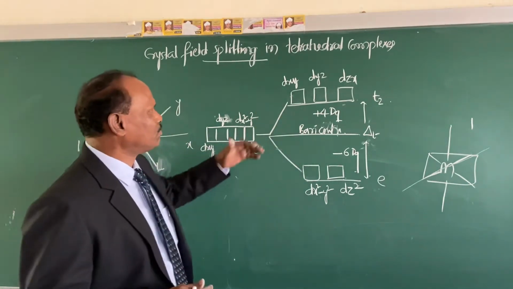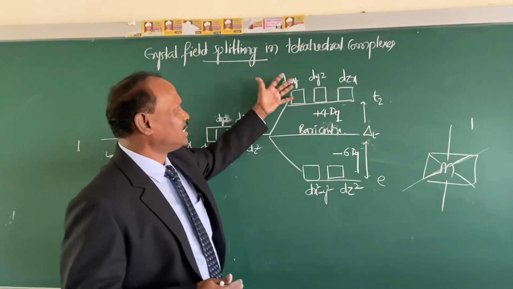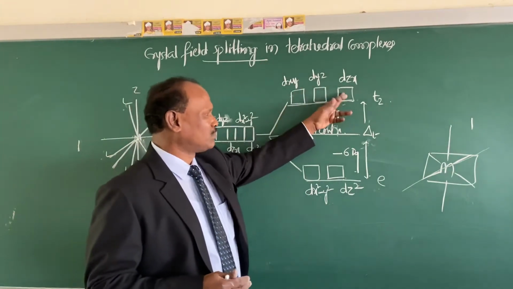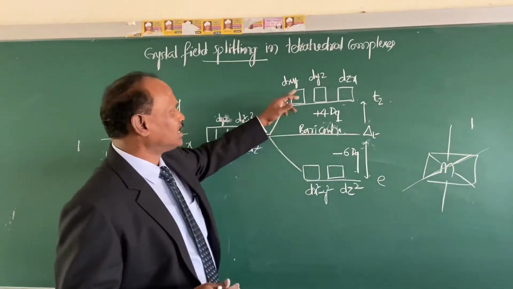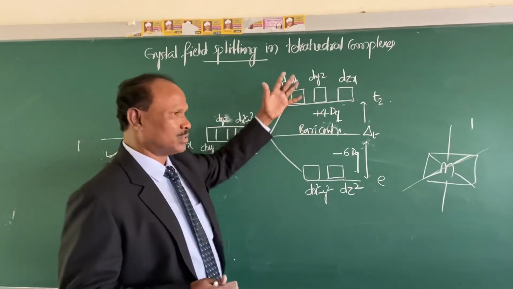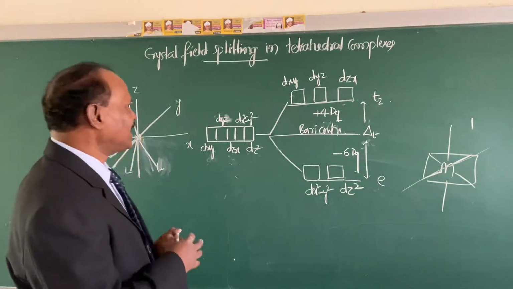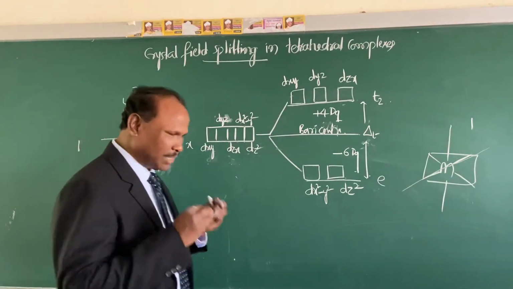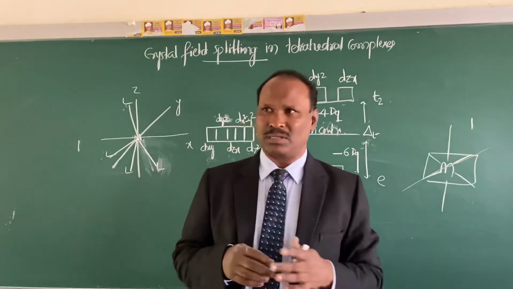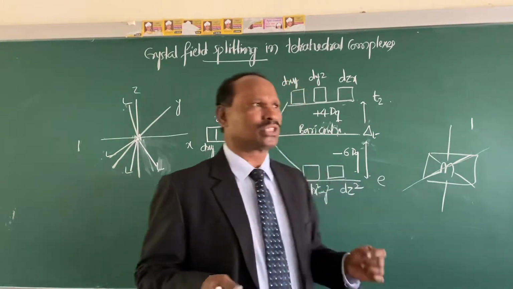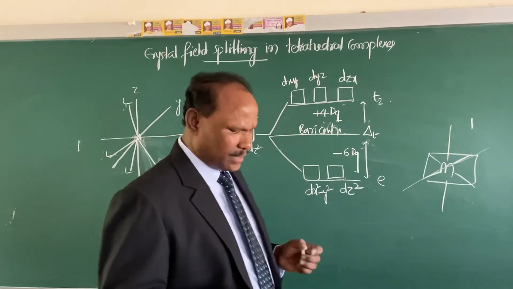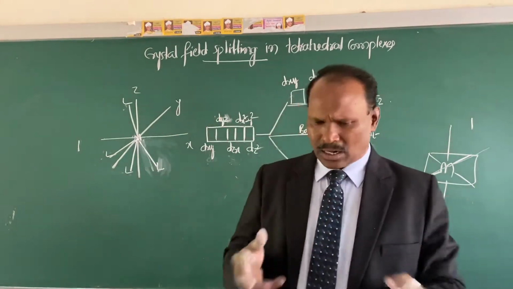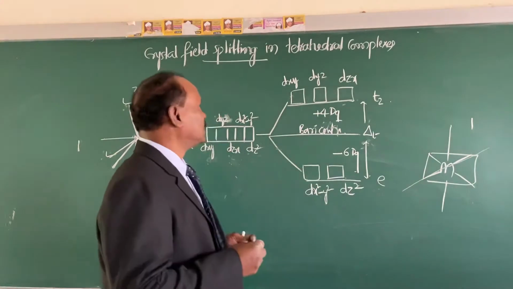In octahedral complexes, you have seen the dxy, dyz, dzx orbitals were below. Here you are noticing that these three orbitals are above. So the splitting in tetrahedral complexes is exactly the reverse of the crystal field splitting in octahedral complexes. Is it okay?